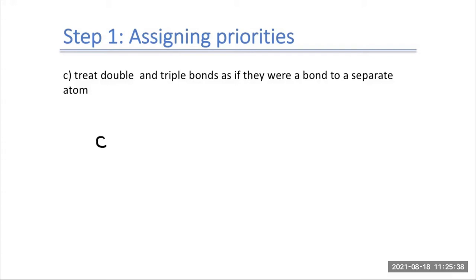So let's say we have our carbon. Now it's going to be attached to a bunch of different stuff: oxygen, carboxylic acid group, aldehyde group, carboxylic acid, and a hydrogen.